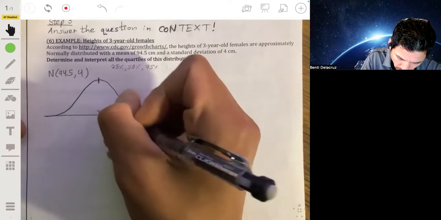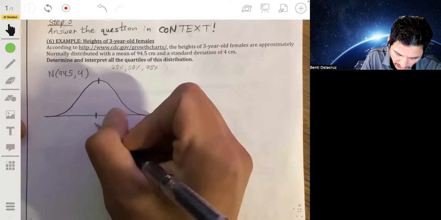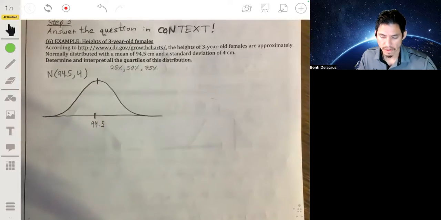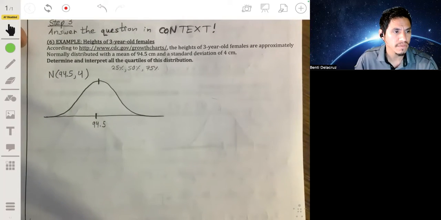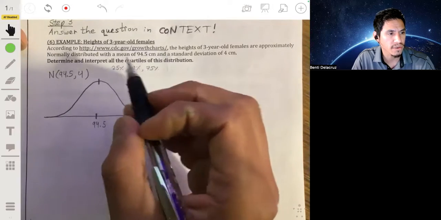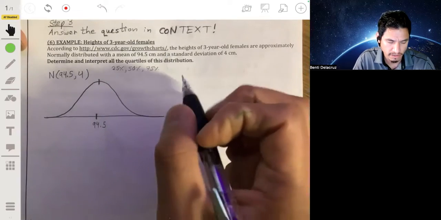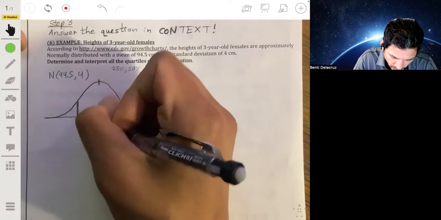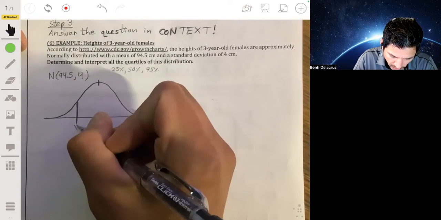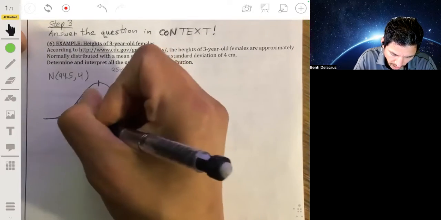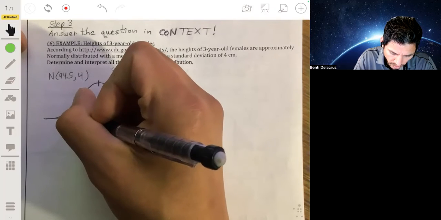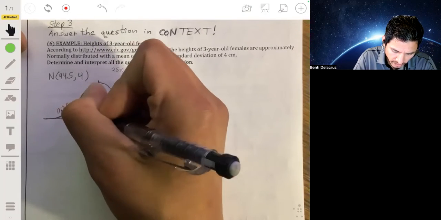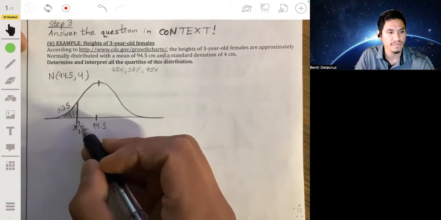So that's our mean, which has a value of 94.5. And if we want to figure out the quartiles of this distribution, we want to find the values. Let's call this one X1. We want to find this first value where there's 0.25 area to the left.